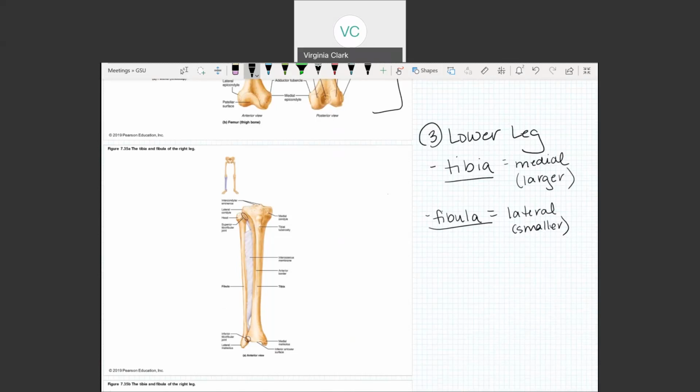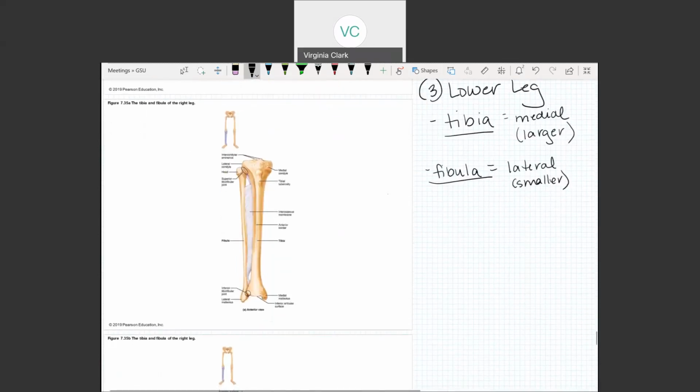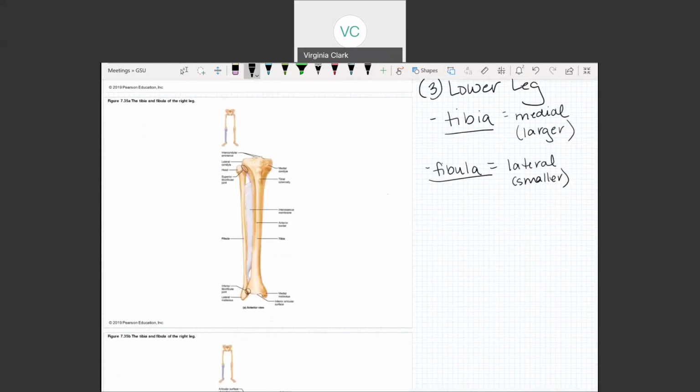As we discussed with your humerus and your radius and your ulna, where they had one bone, two bone, medial and lateral for your radius and your ulna, your legs are going to be the same way.